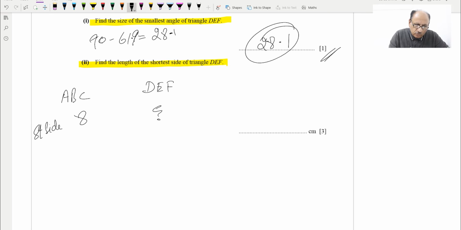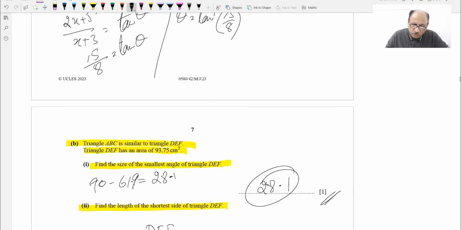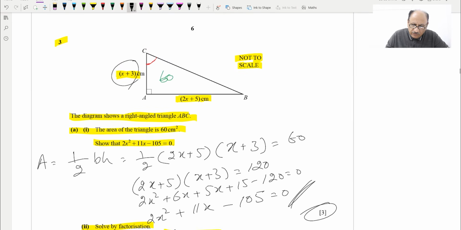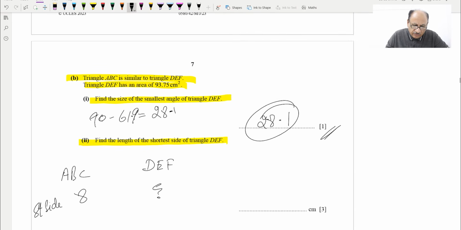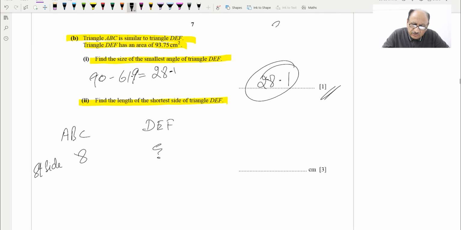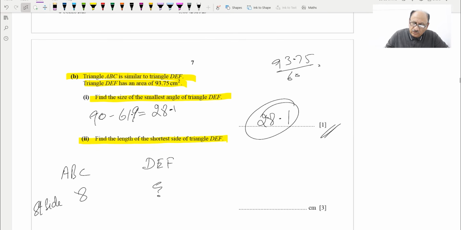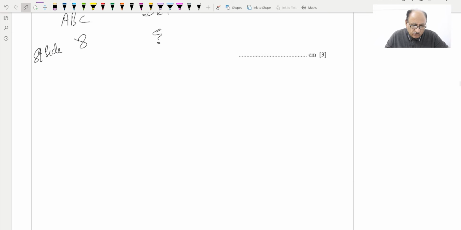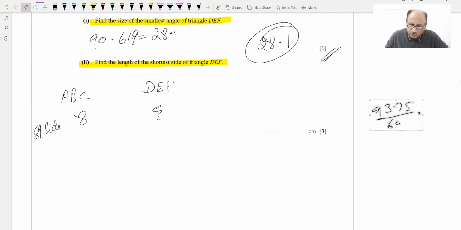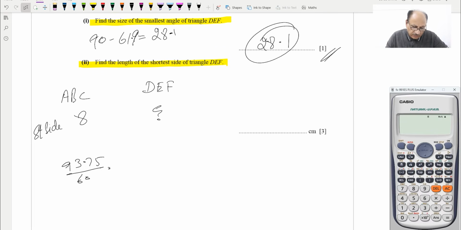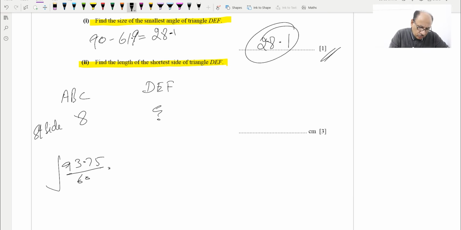So for this one we will use the ratio of areas. The ratio of areas is given, so we can write 93.75 and 60, right? So we can check the ratio, and this ratio we will be using. This is the area ratio. So we will take the square root of the area ratio, and this will be equal to k square.